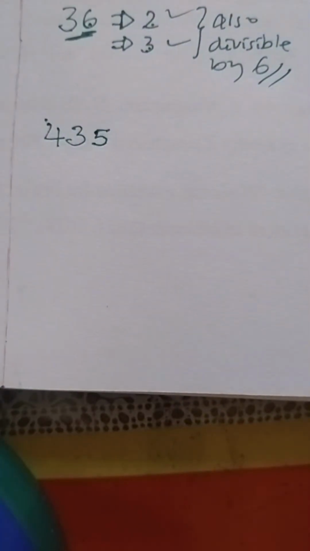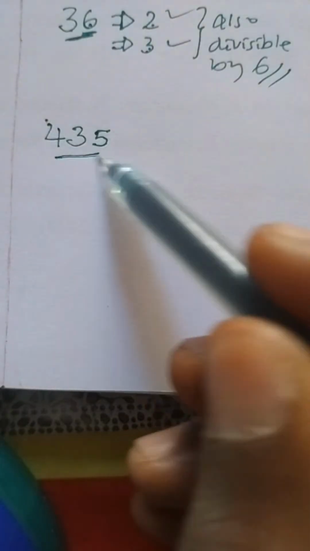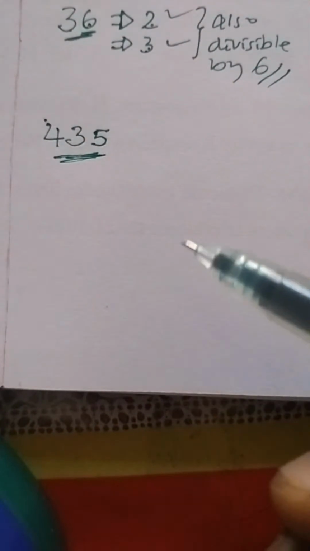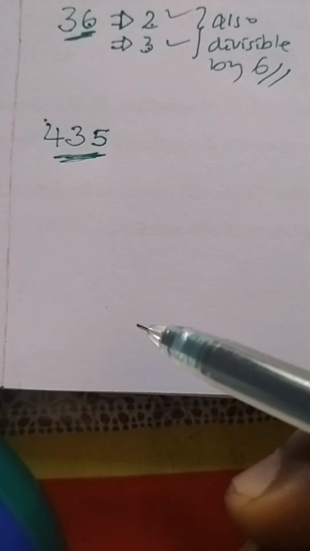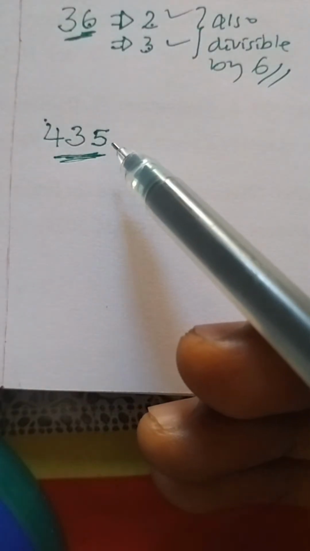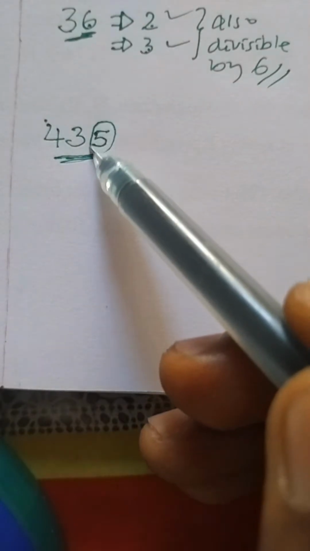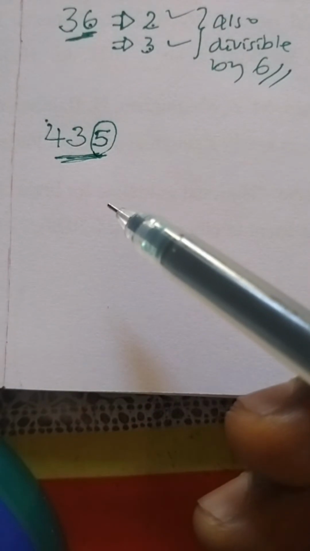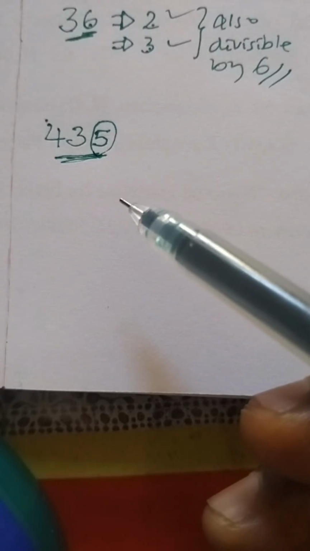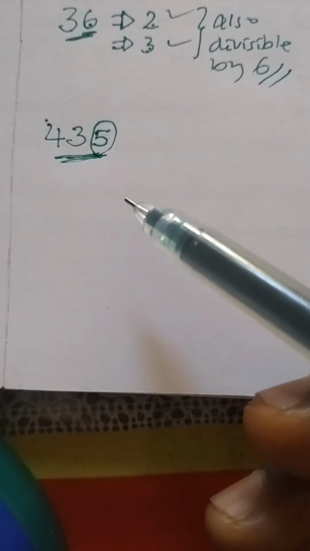Let's take another example, 435. To check if this number is divisible by 6, what is our first step? Our first step is we check whether this number is divisible by 2. How do we check if a number is divisible by 2 or not? We look at the last digit. If it is even, this number is divisible by 2.